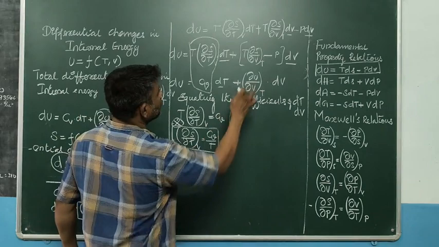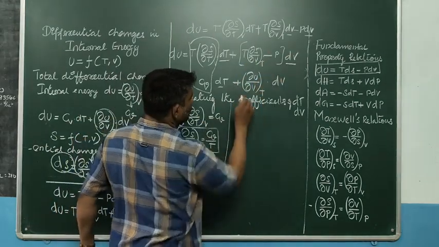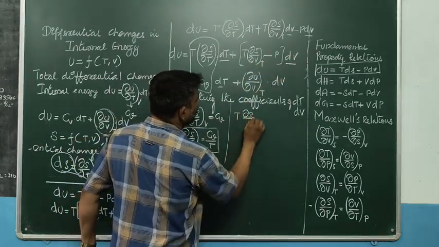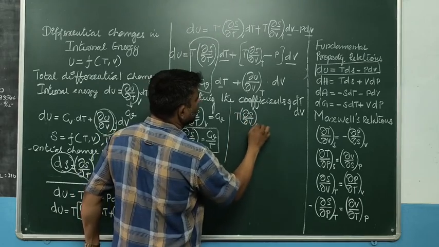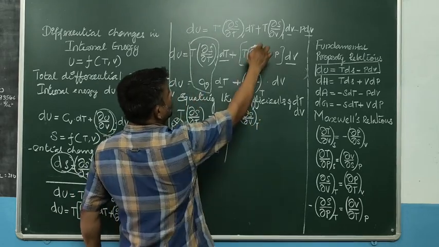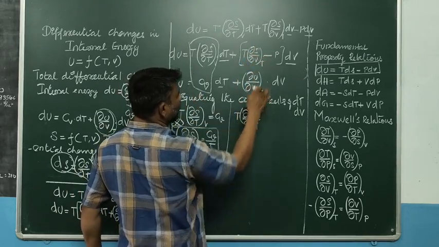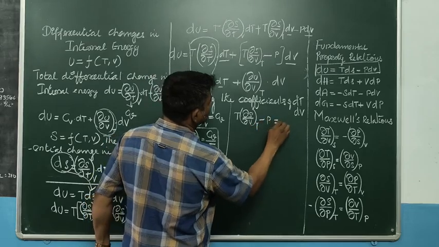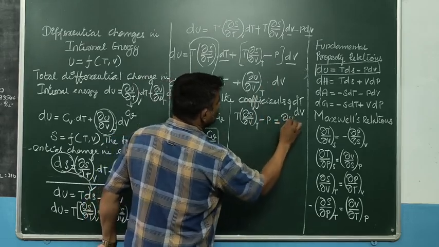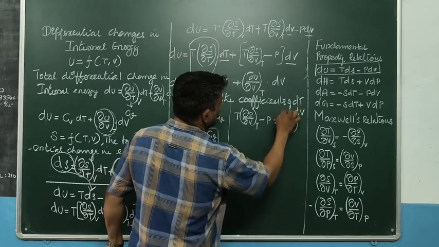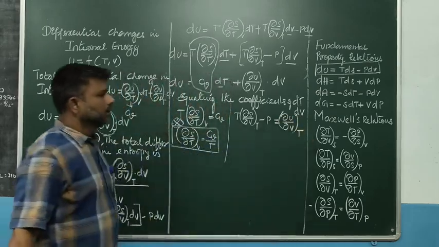Next, dV. So T times (∂S/∂V) at constant temperature minus P is equal to (∂U/∂V) at constant temperature. Clear?